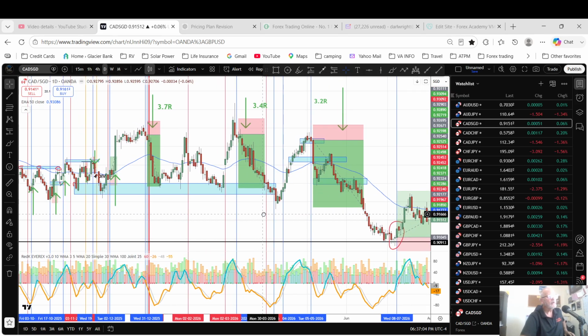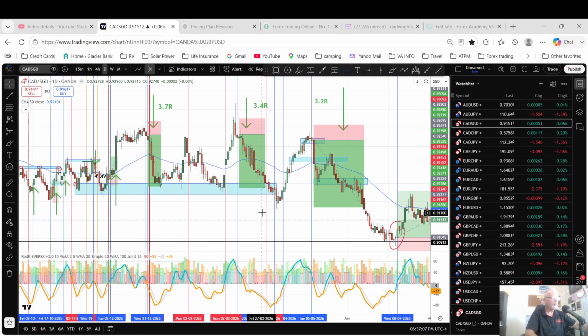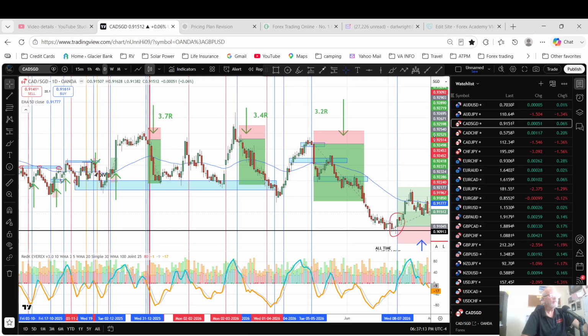So if you're not familiar, you need to brush up on structure. I mean, it's pretty simple, really. With reversals, you have to have a strong impulsive move prior to that.